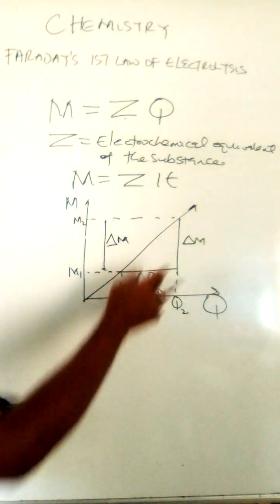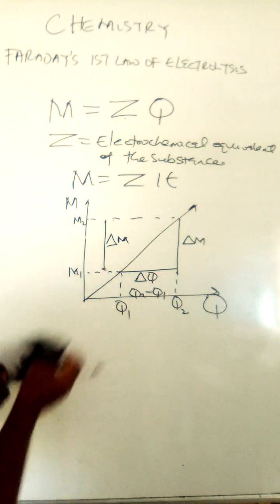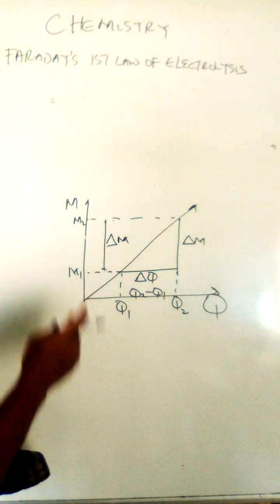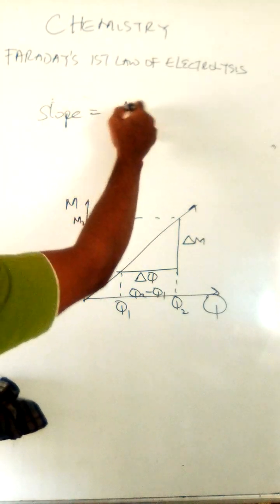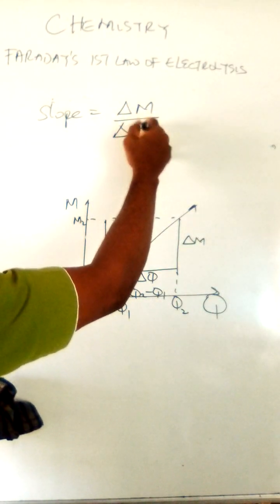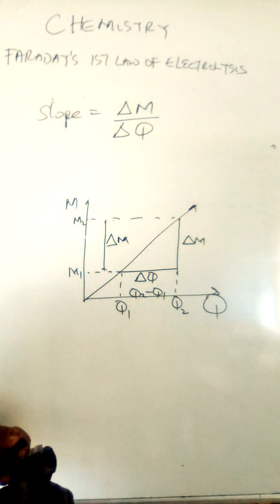Looking at this equation and this graph, the slope of Faraday's first law graph can be given as change in vertical axis over change in horizontal axis. So what is this slope equivalent to?